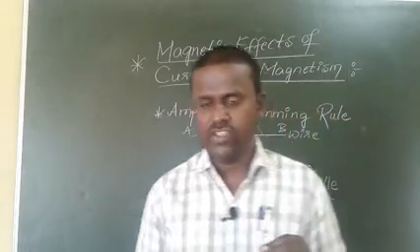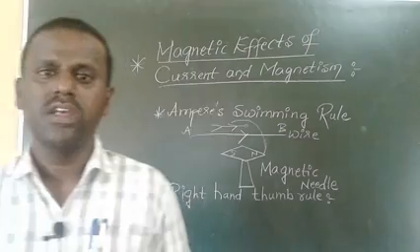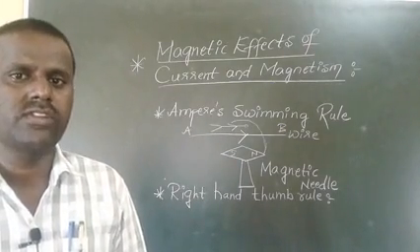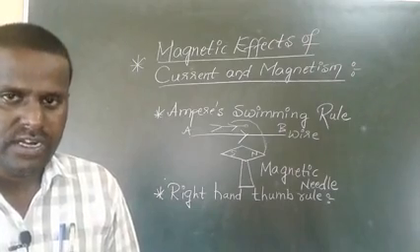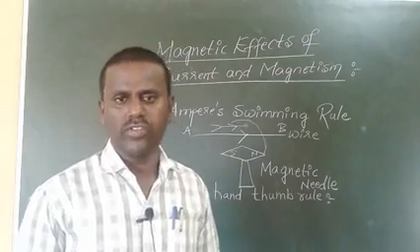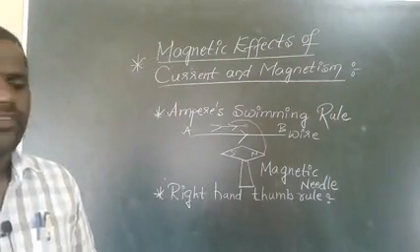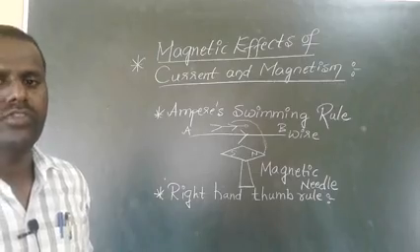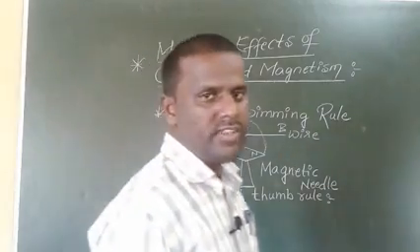And in this chapter you are going to learn Orsted's experiment, Biot-Savart's law, cyclotron, and what are the uses of cyclotron. This is one of the important chapters which gives you 7 marks for your final examination.